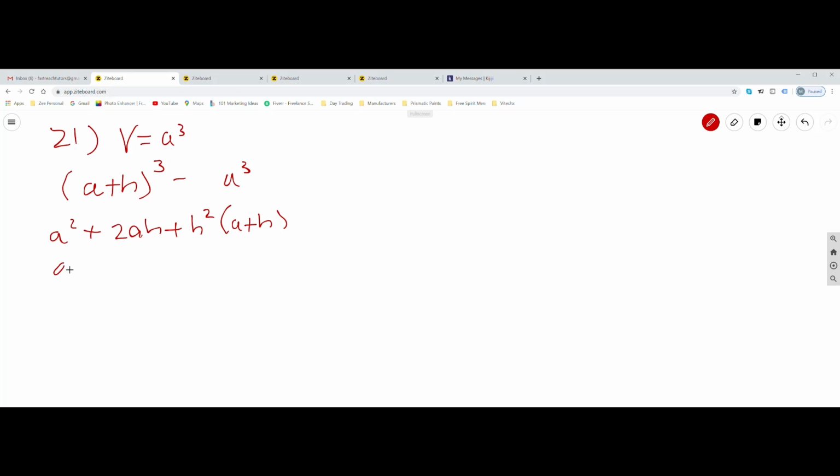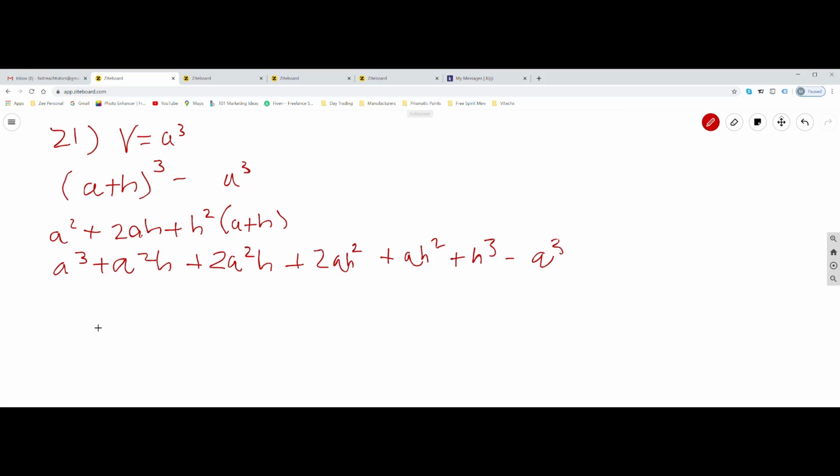You get a cubed plus a squared h plus 2a squared h plus 2ah squared plus ah squared plus h cubed minus a cubed.